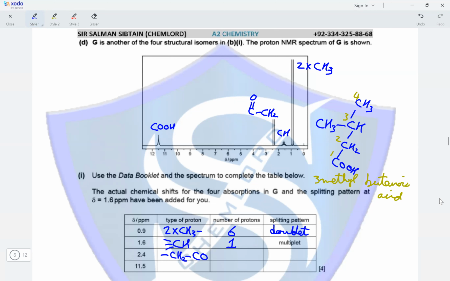And the CH2 group contains two hydrogen atoms or two protons, and the split that is visible is a doublet. And finally, the peak at 11.5 corresponds to the carboxylic acid group, which has a single proton in it. And since it is a functional group, the splitting is also a singlet.